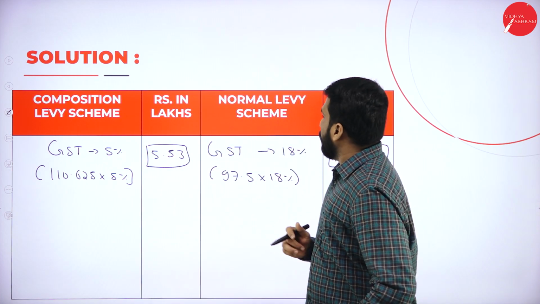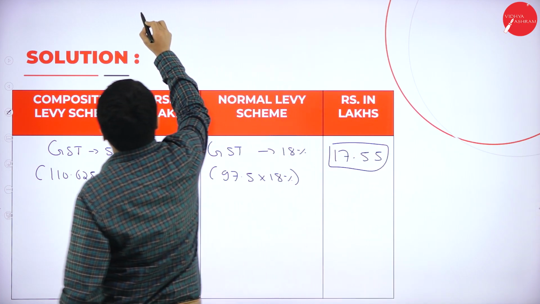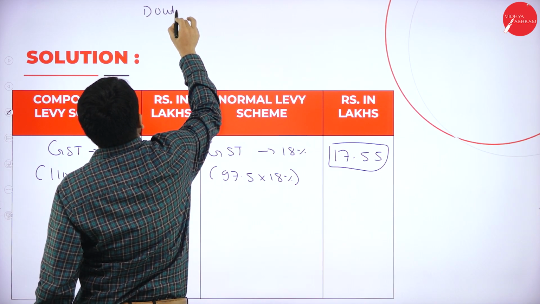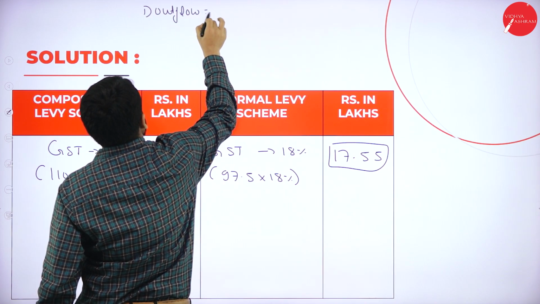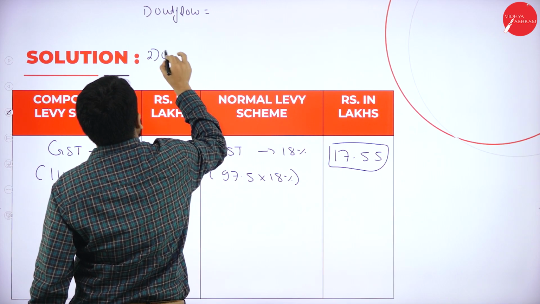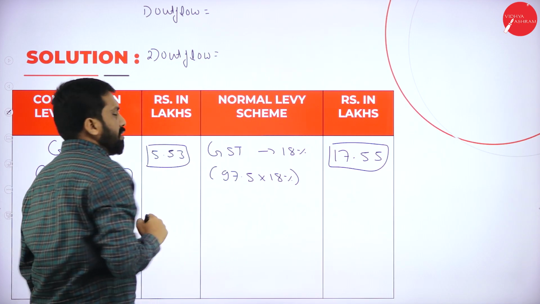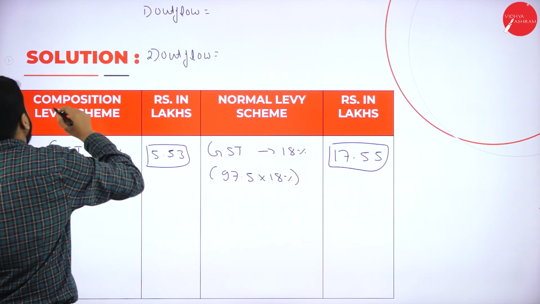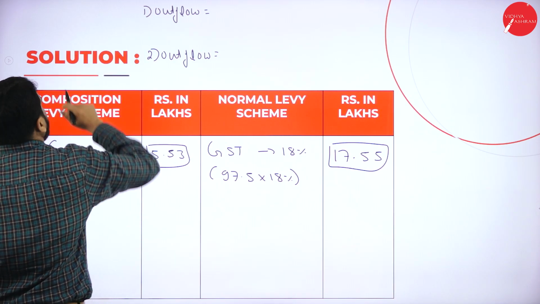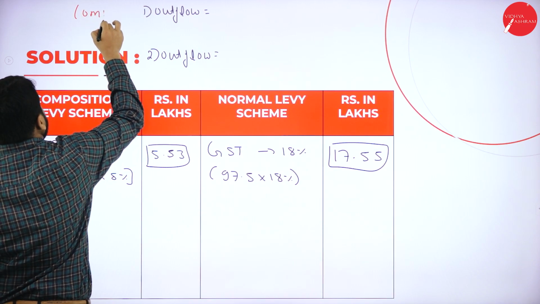Now, how to find out whether your composition is better or your normal scheme is better? Very simple. You have to find out outflow. What is your outflow? First one is composition scheme.